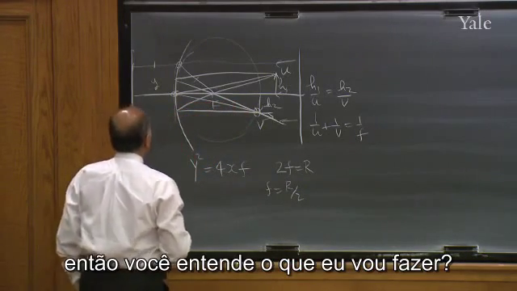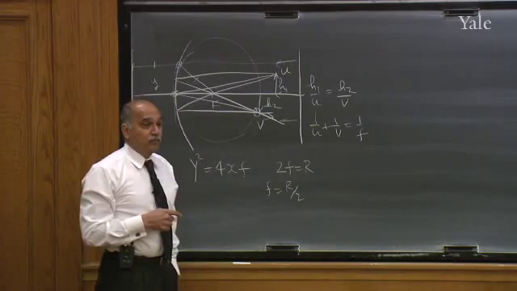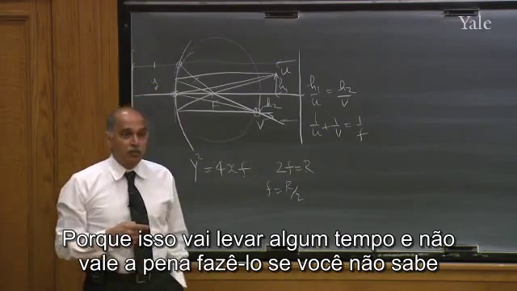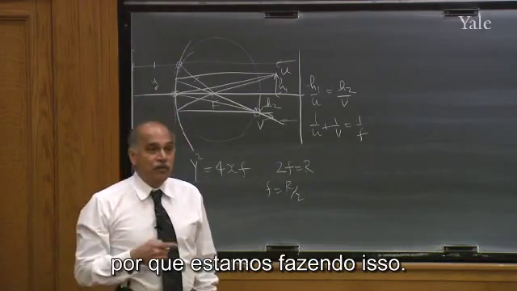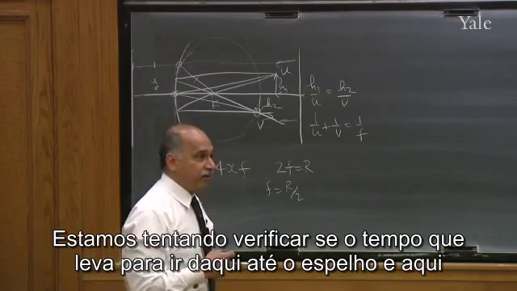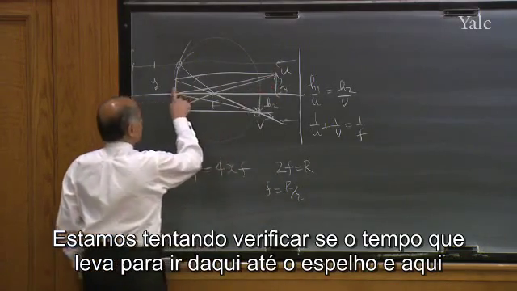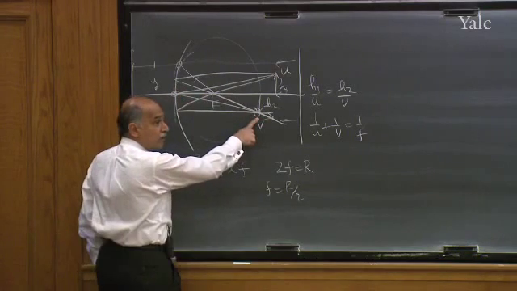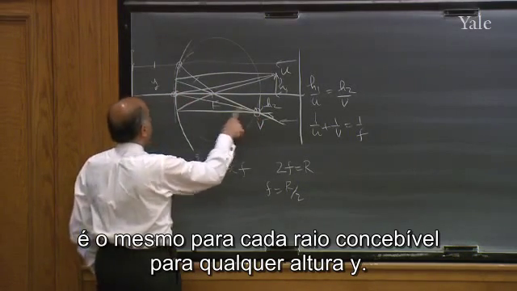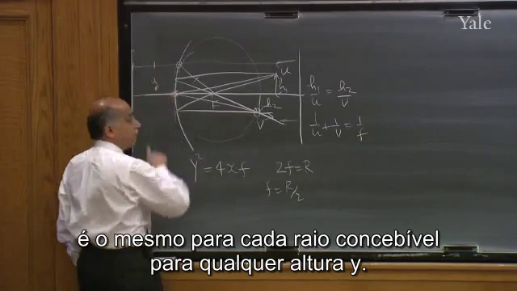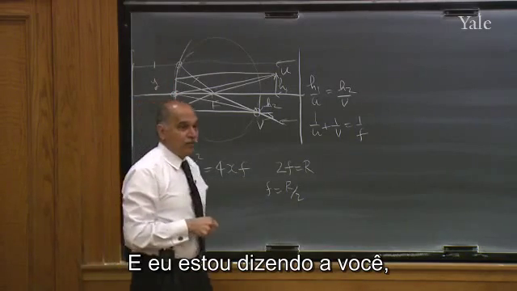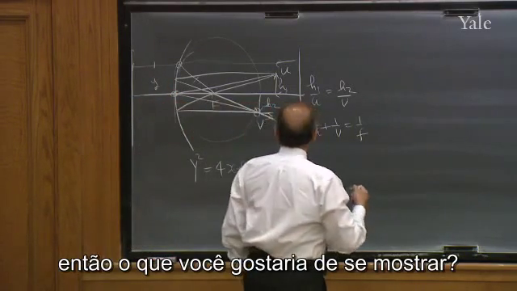All right, so do you understand what I'm going to do? Because it's going to take some time, and it's not worth doing it unless you know why we're doing it. We're trying to verify that the time it takes to go from here to the mirror and over here is the same for every conceivable ray for any height y. So what would you like to show?